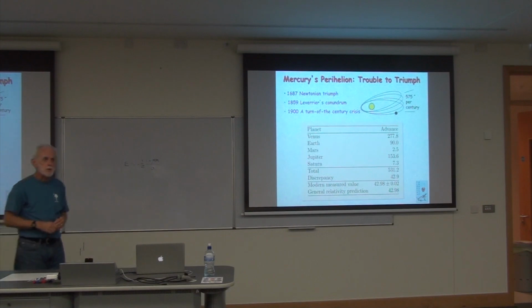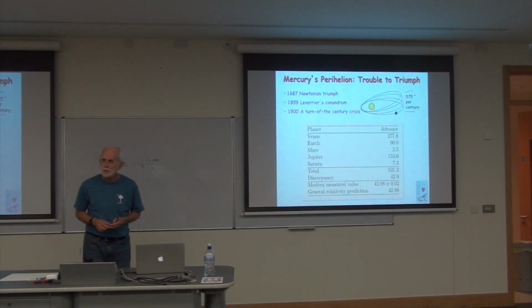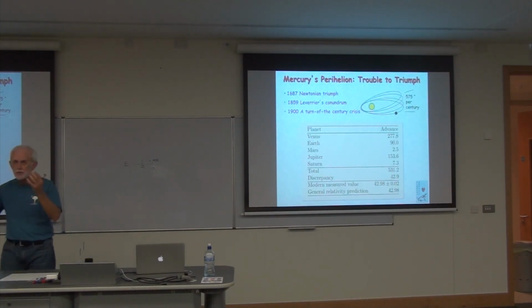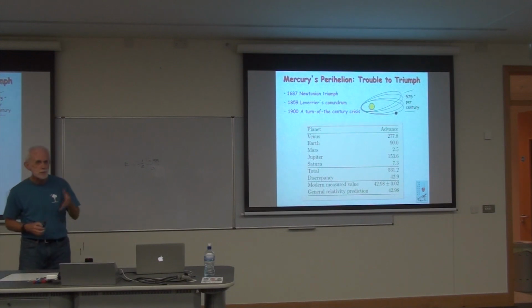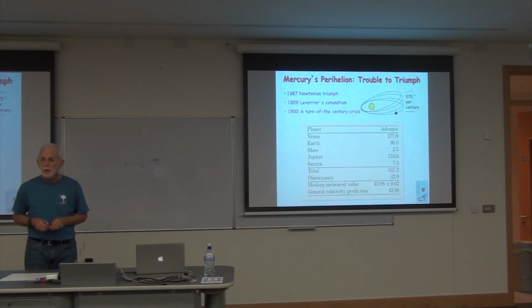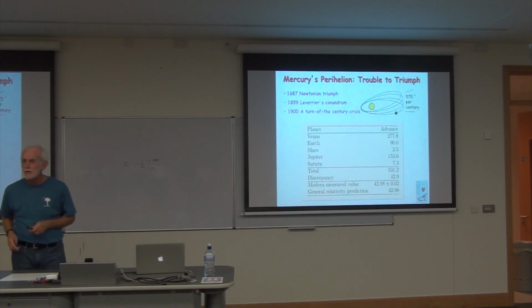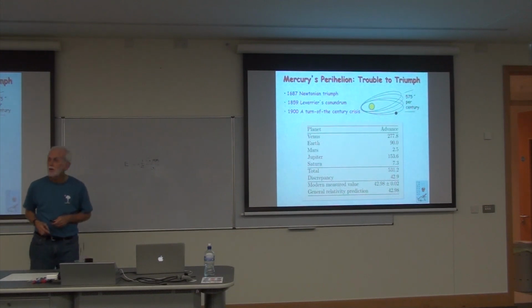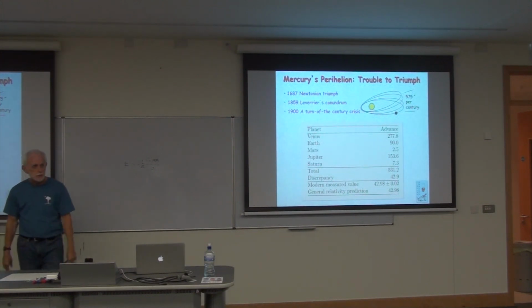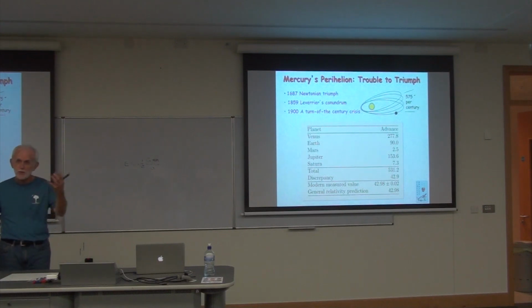In fact, this was considered in those days such an important problem that various societies, like the French Academy of Sciences, offered cash prizes to anyone who could solve the perigee problem for the Moon. And it wasn't solved until the early 1700s by Clairaut, who managed to put together a solution that gave the correct answer, and he won the cash prize.